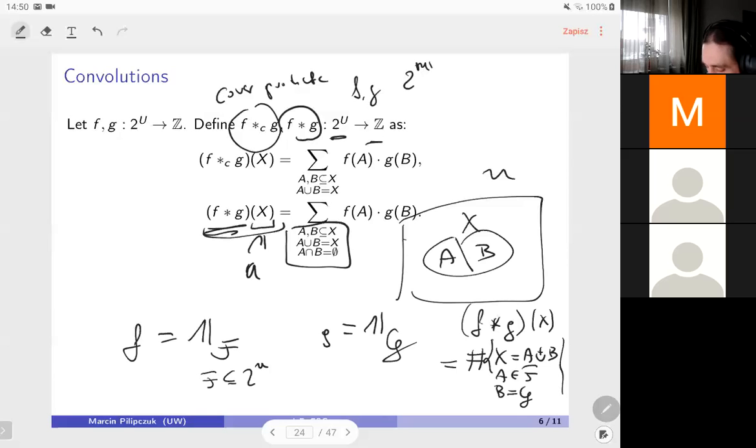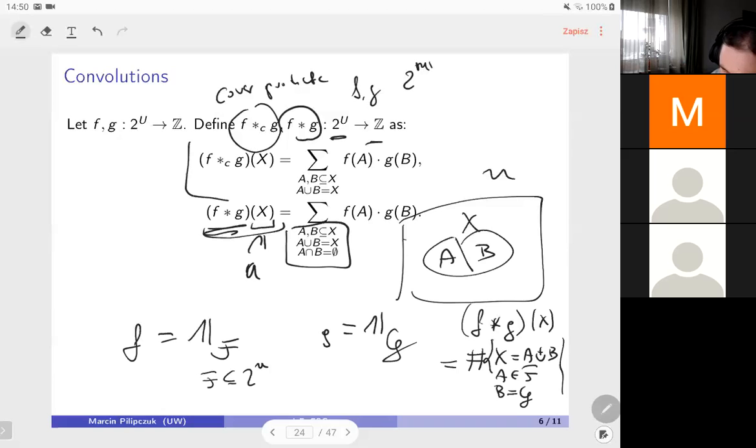Okay, that's an example. So the convolution counts how many ways you can get this set as a disjoint union of one set from one family and one set from the other family. So this is the product.